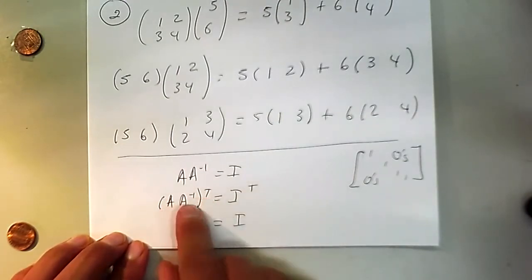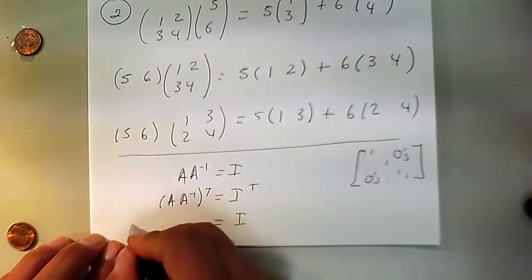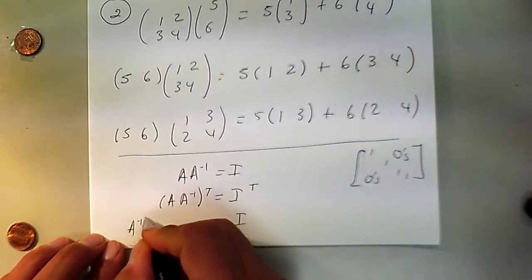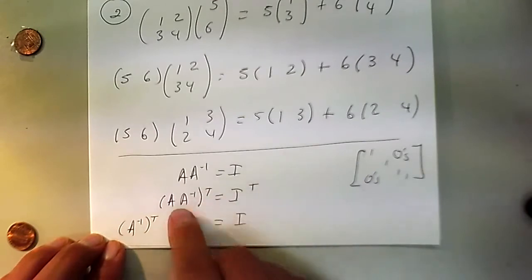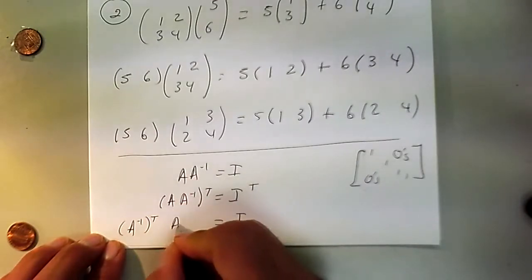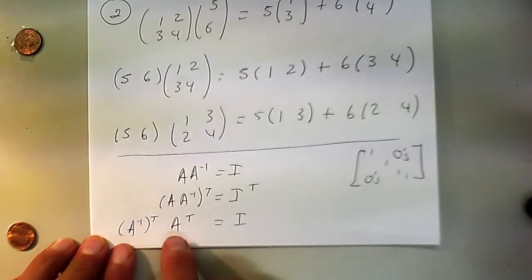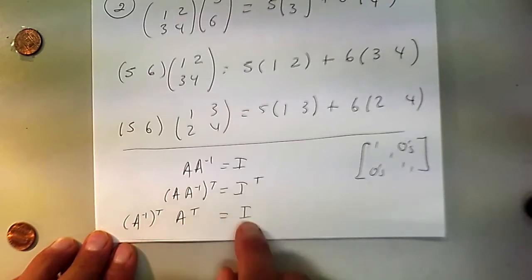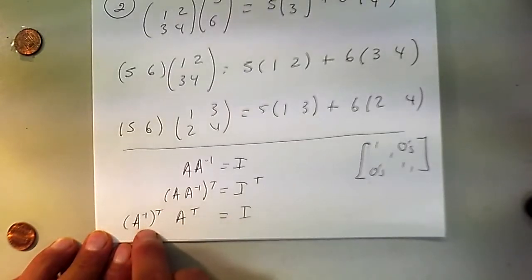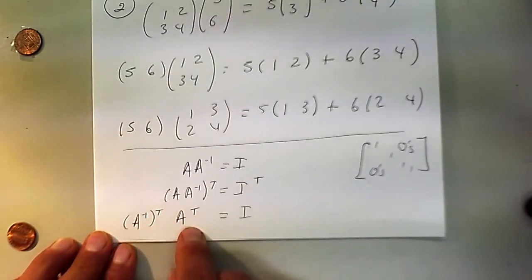Transposing a product means A inverse transposed times A transposed. So that means that if a matrix multiplied with another matrix gives us the identity, that means that this matrix happens to be the inverse of this matrix.